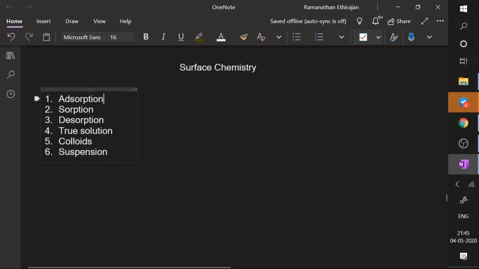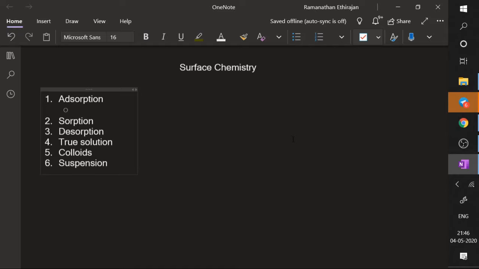Under adsorption, we'll be discussing physical adsorption. Physical adsorption, that is also called physisorption.